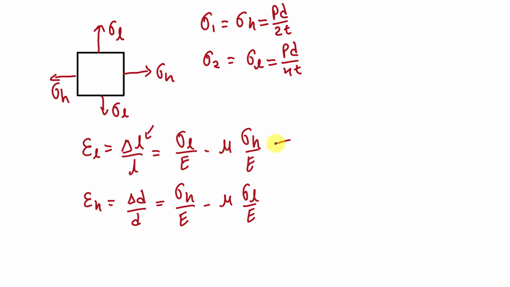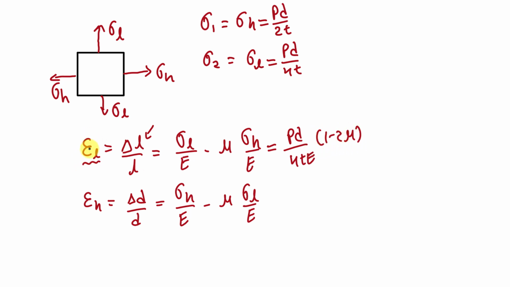So this is the strain along the longitudinal direction, and this is the strain along the circumferential direction, and it is also the strain along the radial direction. Now we know the values of sigma L and sigma H: sigma H is equal to PD by 2T and sigma L is equal to PD by 4T. If you put these values here, you will get epsilon L equal to PD by 4TE into (1 minus 2 mu).